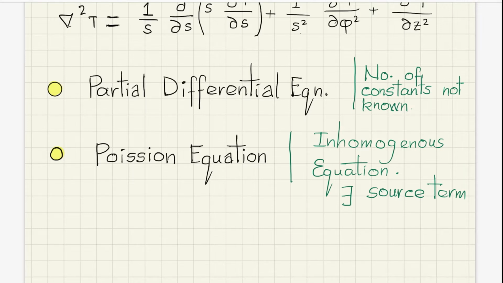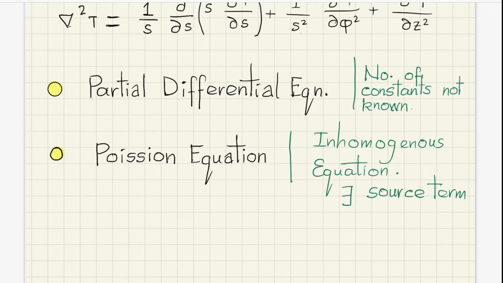In a second-order differential equation, I have two integrations, so I'll come up with two constants which have to be fixed by the boundary conditions. But that's not true for partial differential equations. Sometimes analytical results are not there, and sometimes it will involve an infinite number of constants because it could be a series solution, with each term having a particular constant.